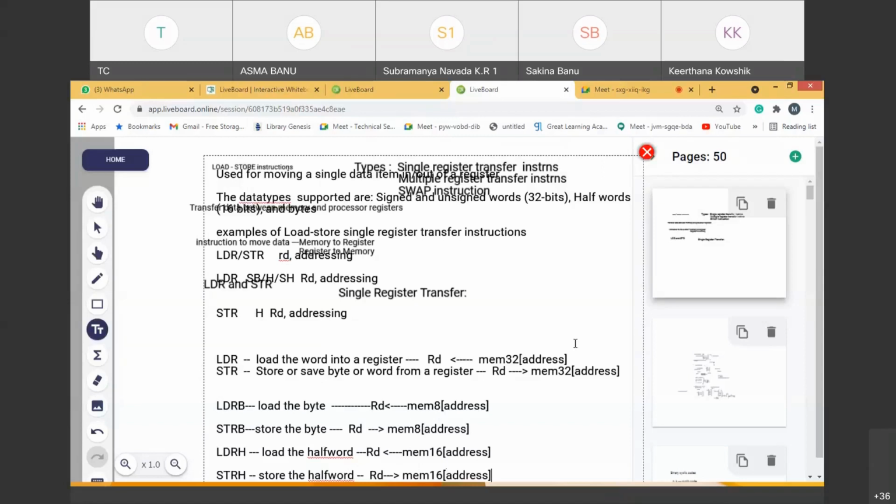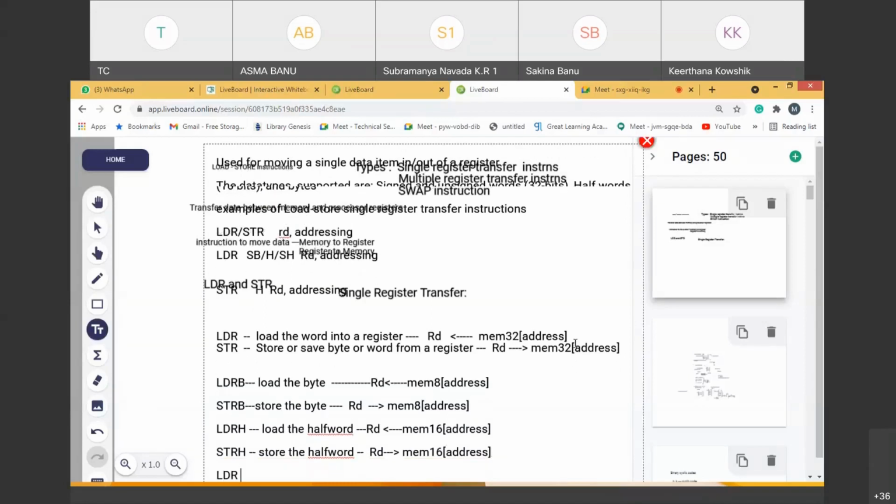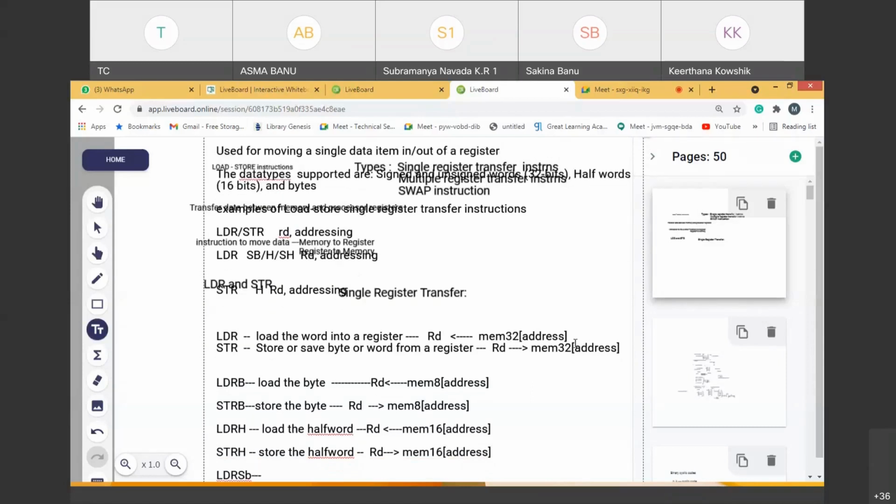Similarly, LDRSB is also there. What is LDRSB? LDRSB means load signed byte. Signed representation will be taken care of by the sign extend block, but it comes out as a signed number.